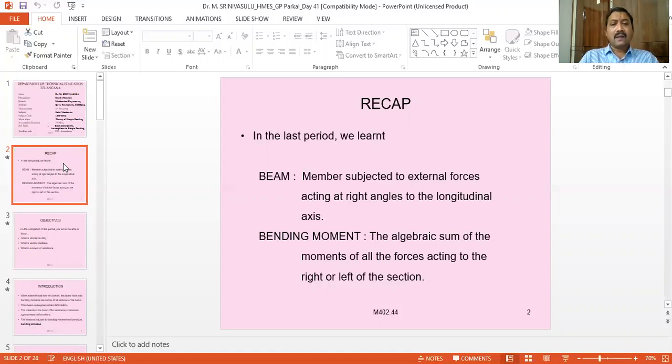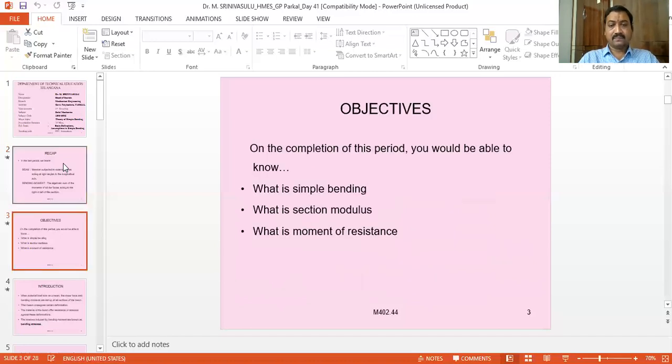So this bending moment is already clearly defined in the previous classes. The shear force, what is the shear force? The algebraic sum of the forces acting either to the left of the section or to the right of the section is called the shear force.